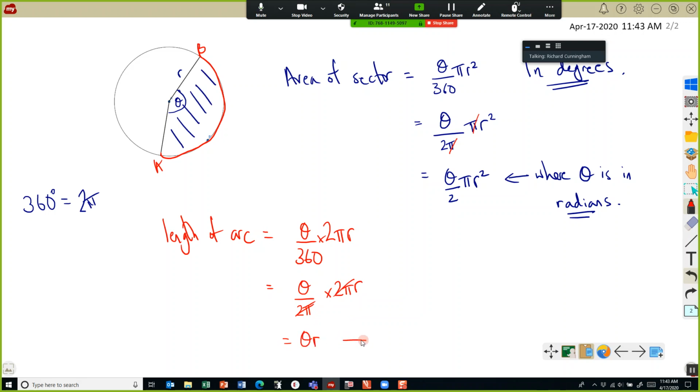So this is the formula for the arc length where theta is in radians. This is the formula where theta is in degrees. So you can see that the formula to work out the arc length is actually easier if you are working in radians. It's just the angle times the radius.